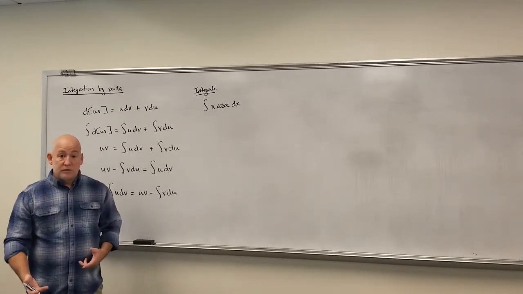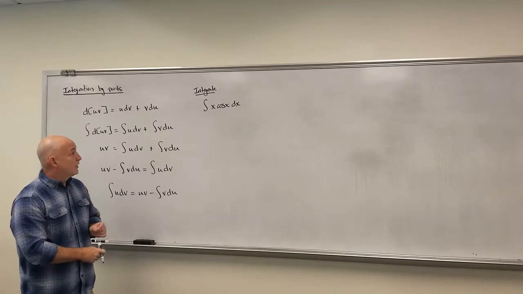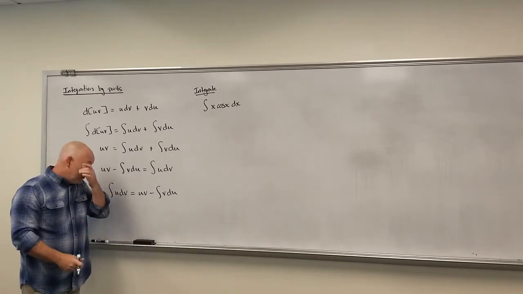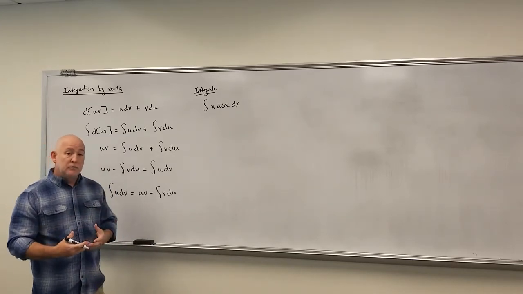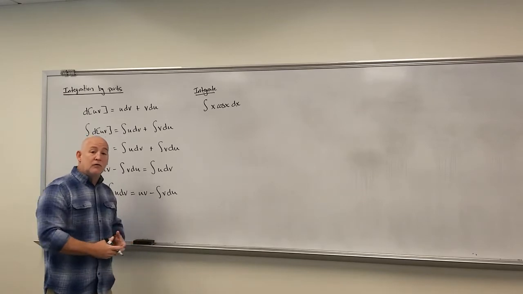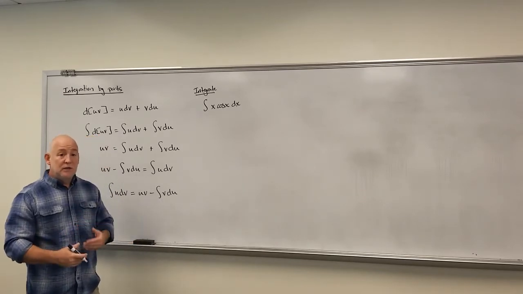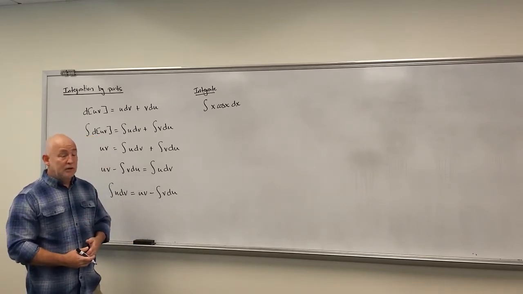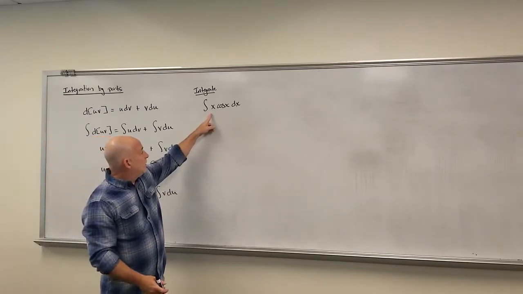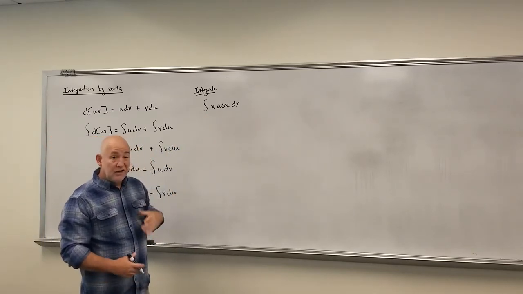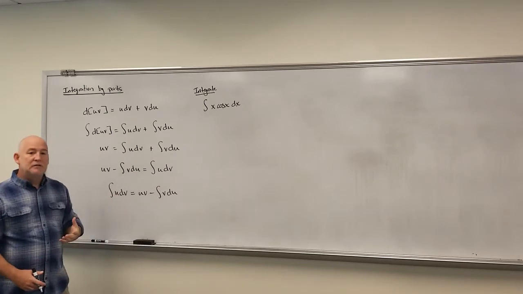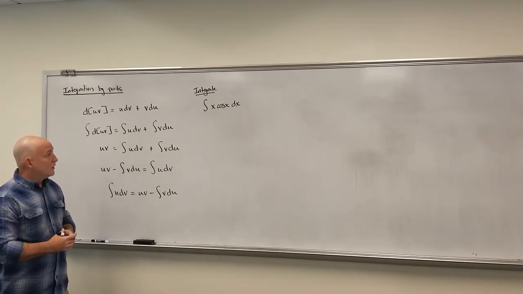Will a u substitution work? You go through all those things. In this case, what really should jump out at you when you're thinking integration by parts is, do you see two different types of functions multiplied together? See, here I have a polynomial times a trig function. So I'm thinking, well, maybe that's by parts, because that's kind of the clue there. Two different types of functions multiplied together.